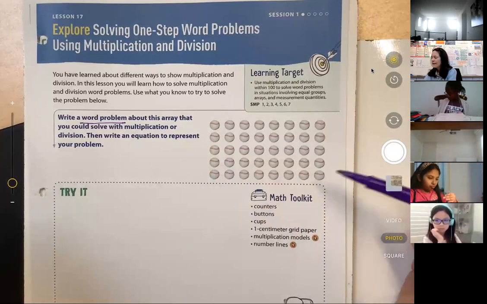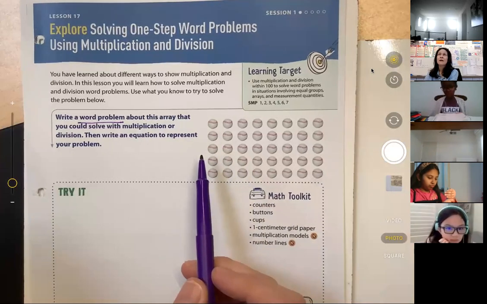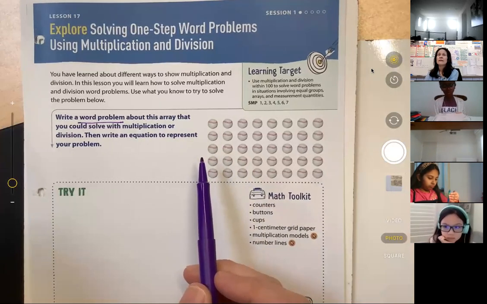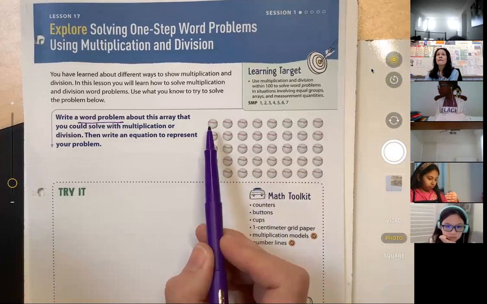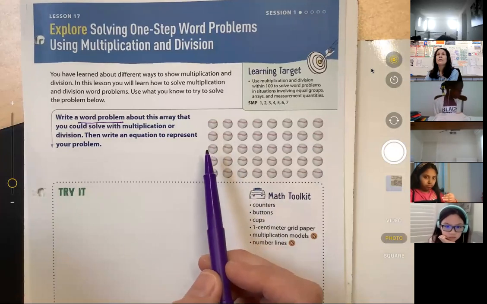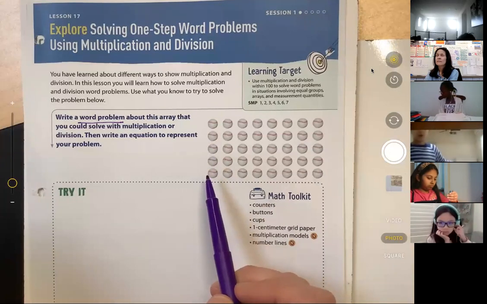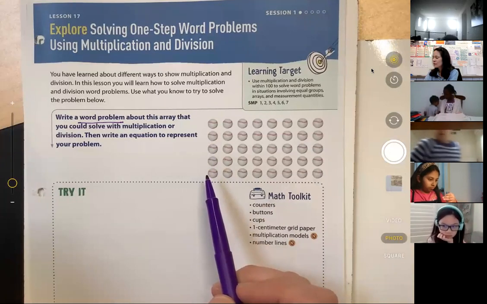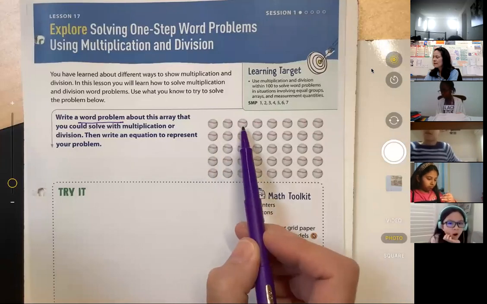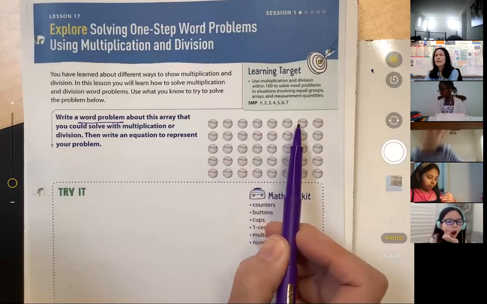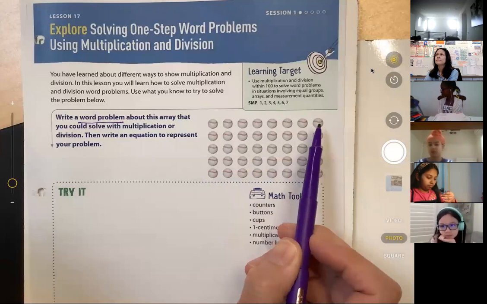Well, if I take a look at this baseball array, it's going to show me that I have 1, 2, 3, 4, 5 groups. And each of those groups has 1, 2, 3, 4, 5, 6, 7, and 8.